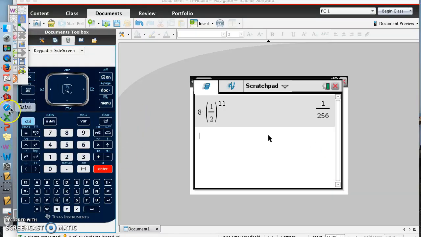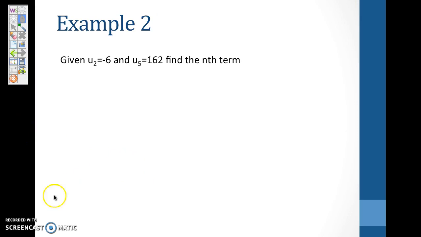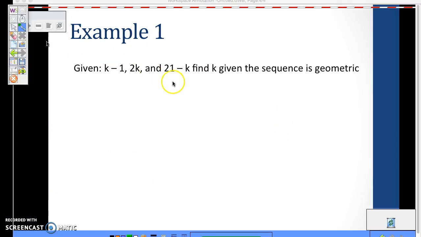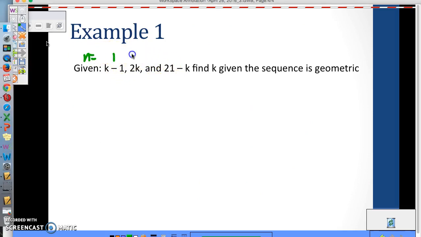So this next one that we're going to take a look at, we have these 3 values. So here is our first term, our second term, I'm going to divide these up, and our third. And we have to find k. Well, we know it's times some ratio each time. So we could come up with a formula. We could say k minus 1 times our ratio gives us 2k.